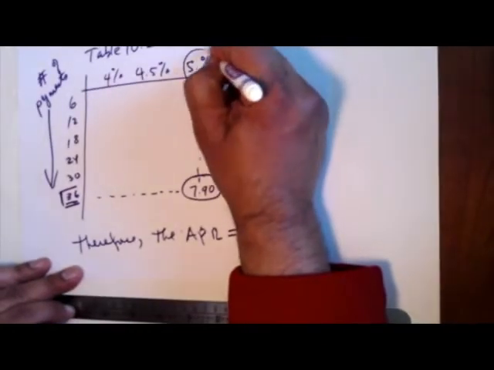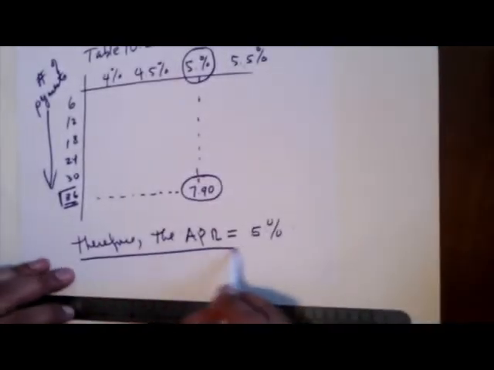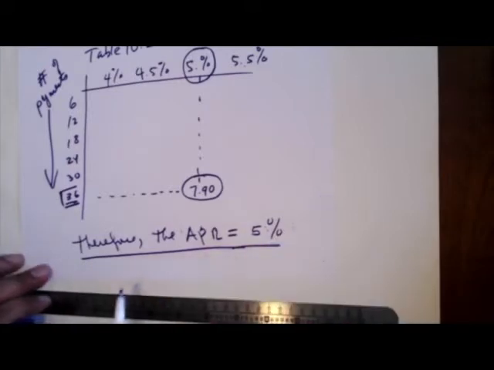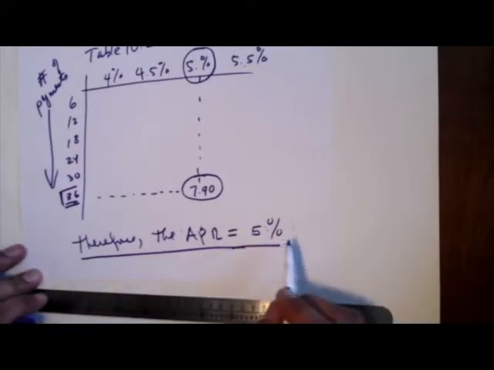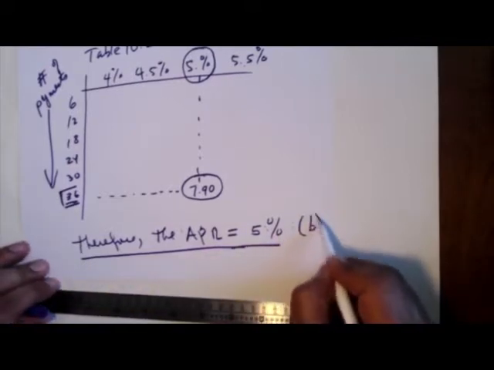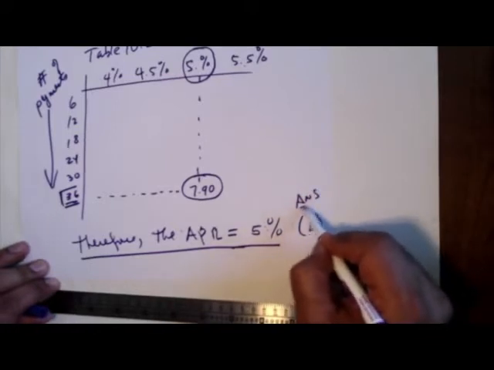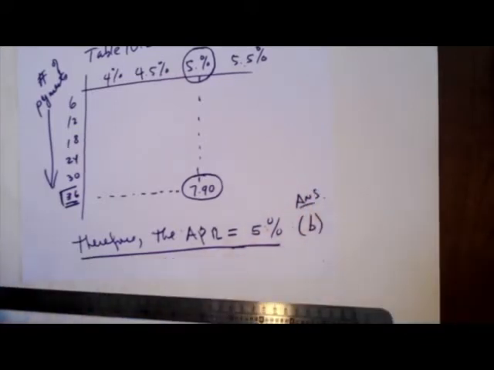So this is our APR. Therefore, the APR for question B is 5%. So this is answer B. Basically, this is what you need to do for this topic.